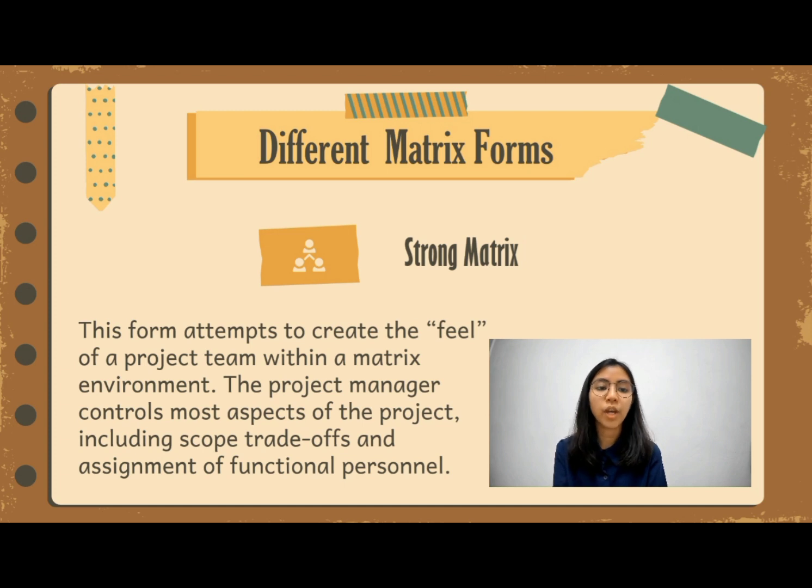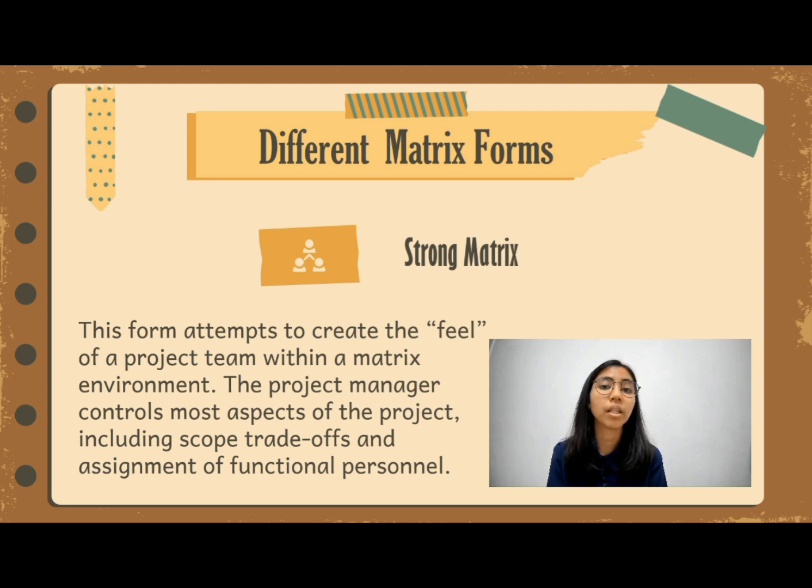Next, we have the strong matrix. This form attempts to create the feel of a project team within the environment. The project manager controls most aspects of the project, including scope, trade-offs, and assignment of functional personnel. The project manager controls when and what specialists do and has final say on major project decisions.